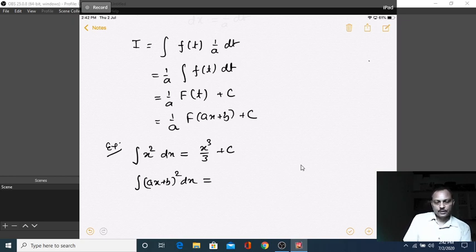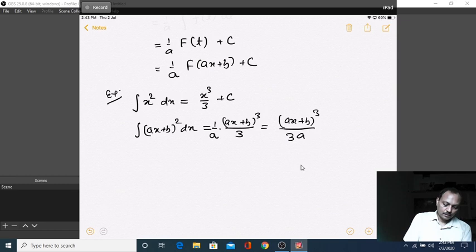Then suppose ax plus b is t, then t square, and we are getting the same result, t cube upon 3, meaning ax plus b whole cube upon 3. But it is not correct, it is incomplete. We have to write the coefficient of x in the denominator. So we have to multiply by 1 upon a. So the result will be ax plus b whole cube divided by 3a.